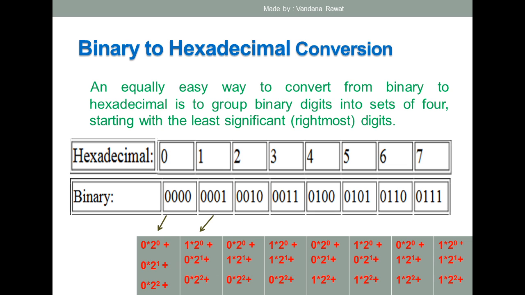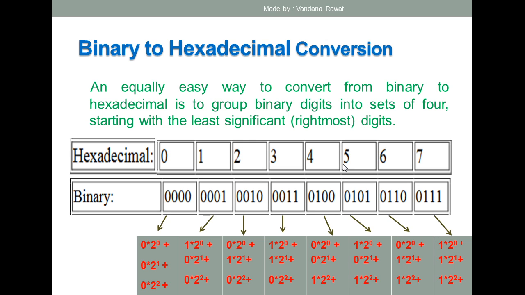The summation of these 4 numbers will be 1. So the hexadecimal representation of this set is 1. Just like that we can perform for 2, 3, 4, 5, 6 and 7 also.